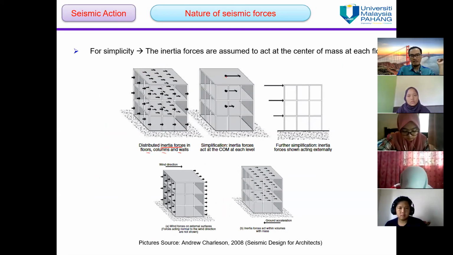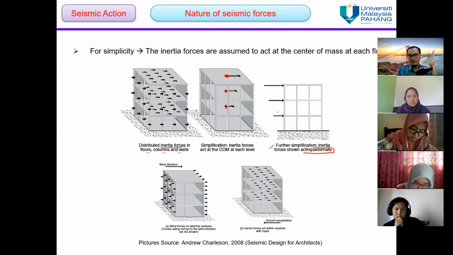Then we simplify and assume that all the forces act at the center of mass for every story. For further simplification, we assume that the forces act externally on the joint of every story.